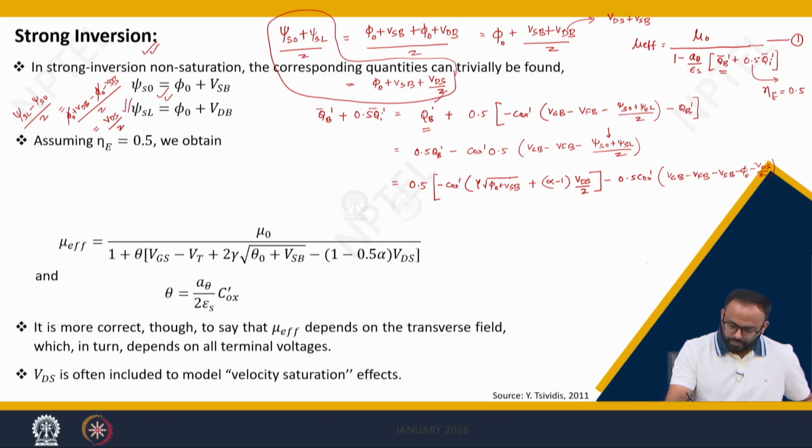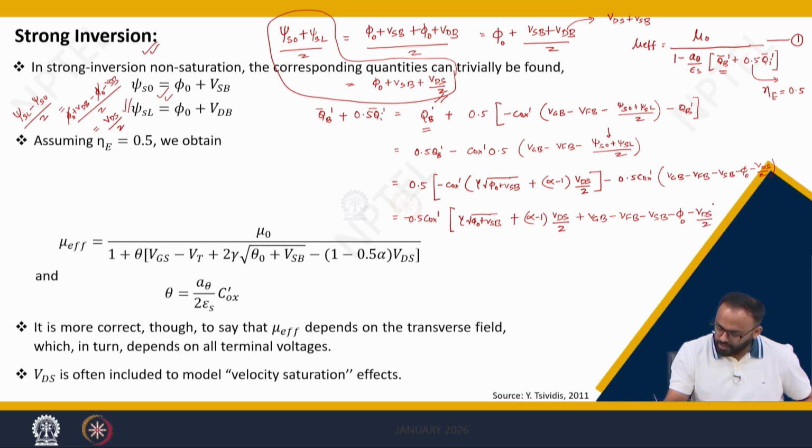That is what we derived here, correct. Let us simplify it. Take minus 0.5 into COX dash common. If you take it out, you will get gamma times square root of phi naught plus VSB plus alpha minus 1 into VDS divided by 2, plus VGB minus V flat band voltage minus VSB minus phi naught minus VDS divided by 2.